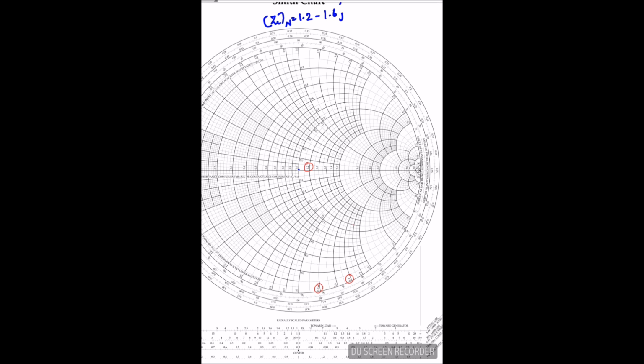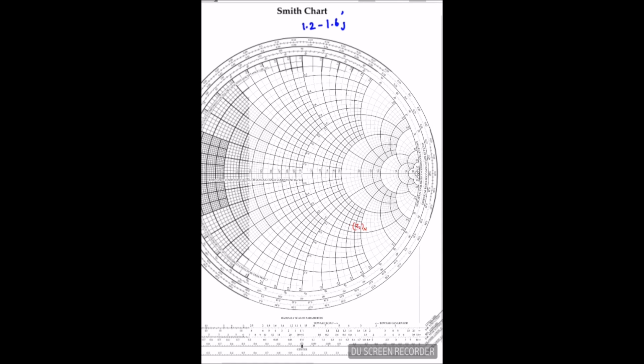Exactly, the point will come here. So this is my normalized load impedance, with 1.6 and 1.2.